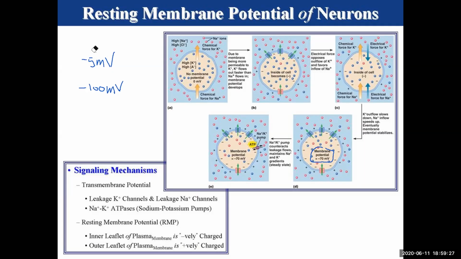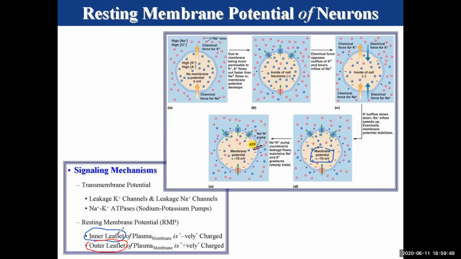So I made sure that I wrote down the terminology for you. So we have the inner leaflet of the plasma membrane, and you have the outer leaflet of the plasma membrane, right?